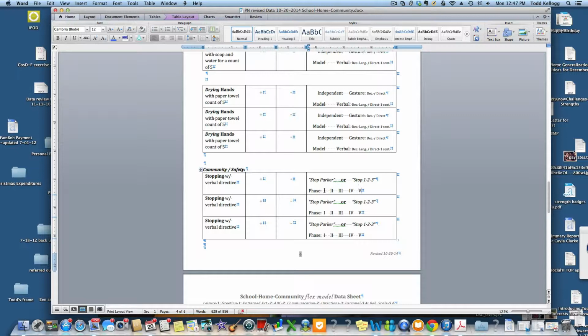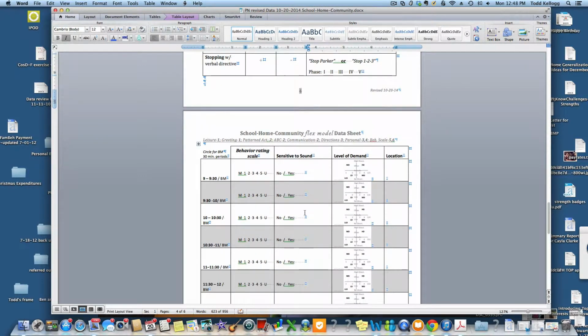When he was younger, that was easier to do. Now that he's much bigger, I think it'd be hard for us to stop him more directly, but these later phases are him more independently stopping. The stop 1, 2, 3 comes right from the lesson that there was a stop program, and after 3, there's a reward that's given. So if you're going to use that, you want to have a reinforcer afterwards.